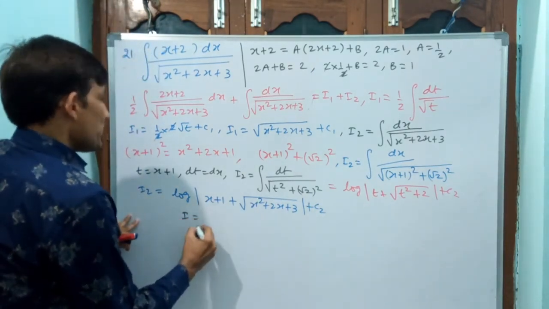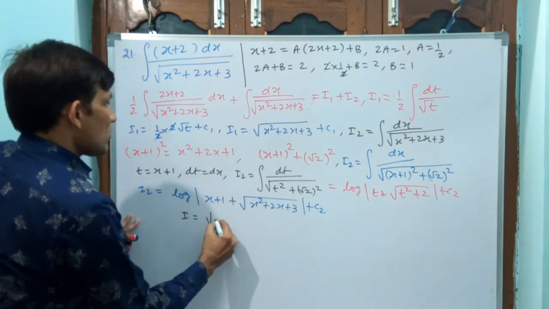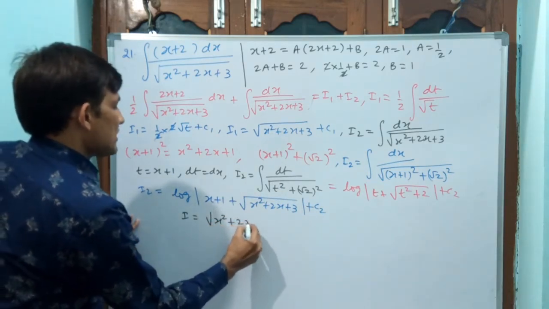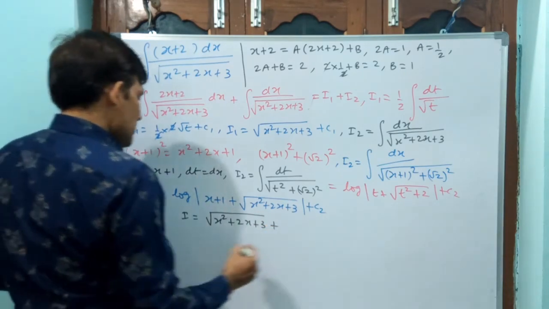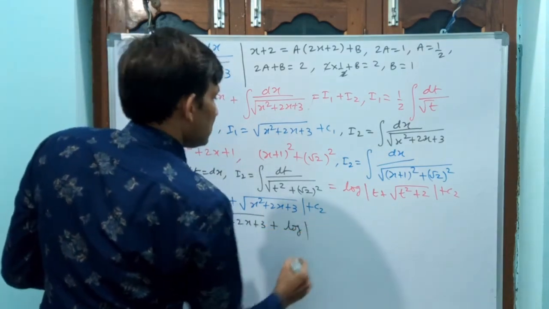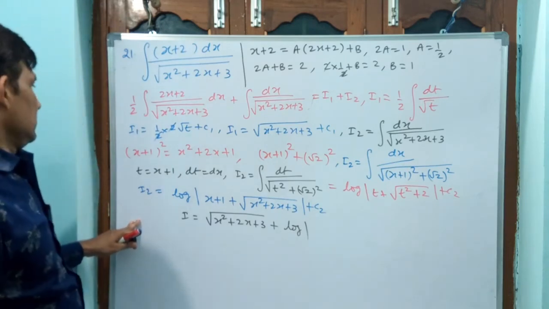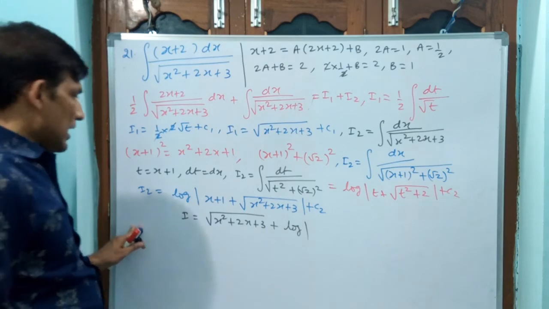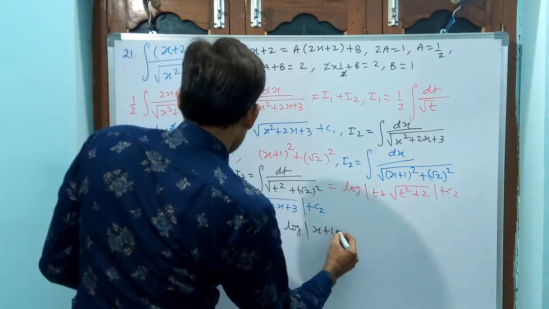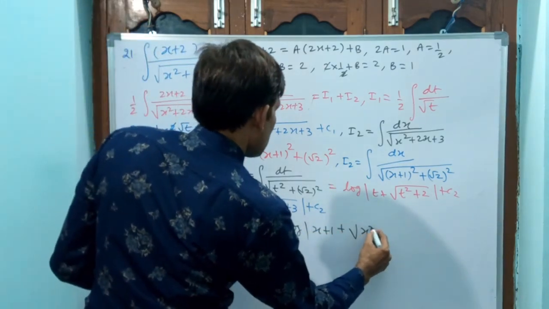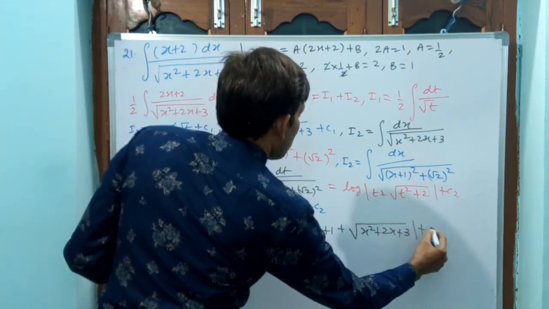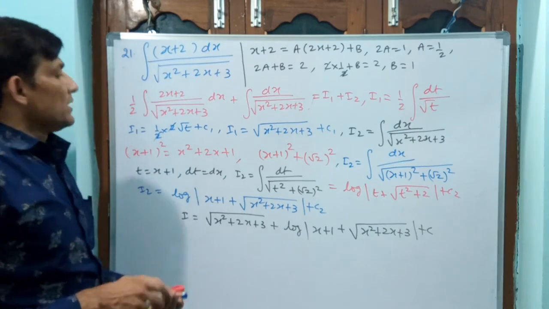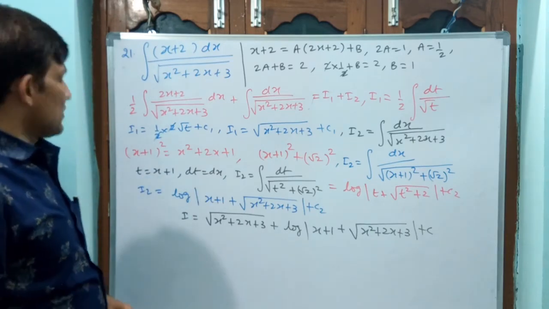I is equal to I1, which is square root of x square plus 2x plus 3, plus I2, which will be log of x plus 1 plus square root of x square plus 2x plus 3, plus c. Okay, this will be the answer for your 21st question.